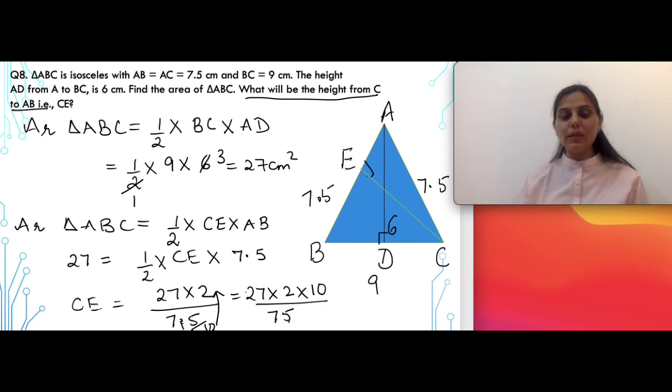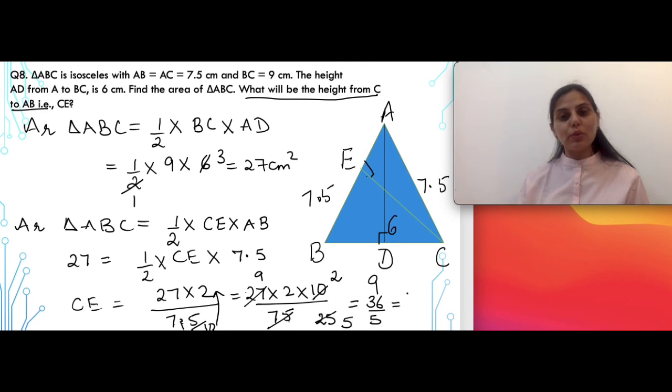So 27 and 75 clearly can be cancelled with the table of 3 also. 3 nines are 27, and 3 25s are 75. Now 9 twos are 18, and 10 and 25 can be cancelled with the table of 5. 5 twos are 10 and 5 fives are 25. So this can be written as 36 divided by 5.